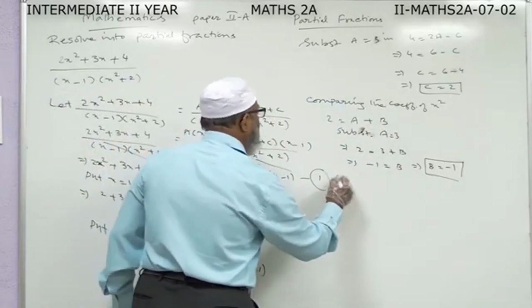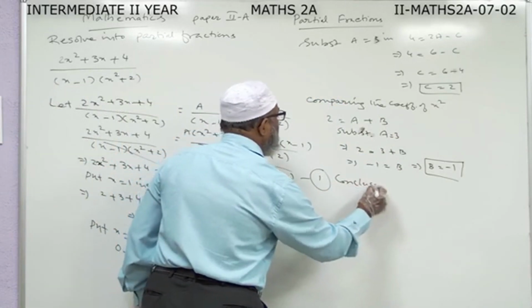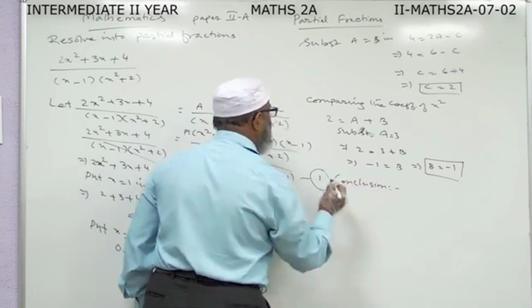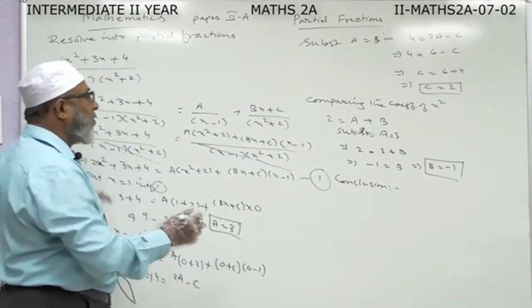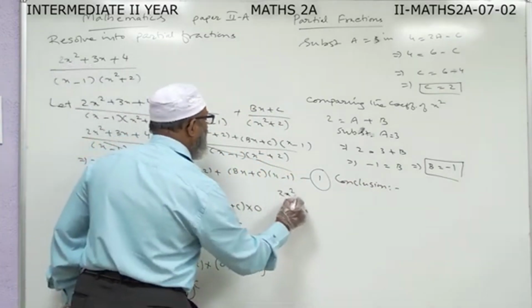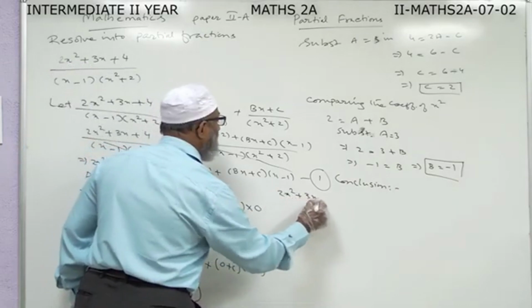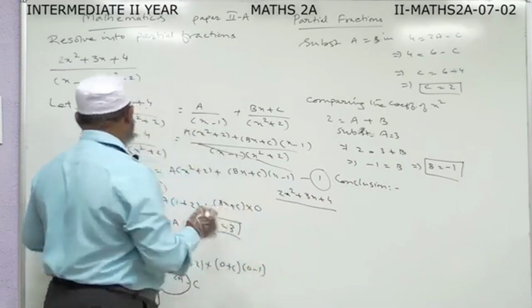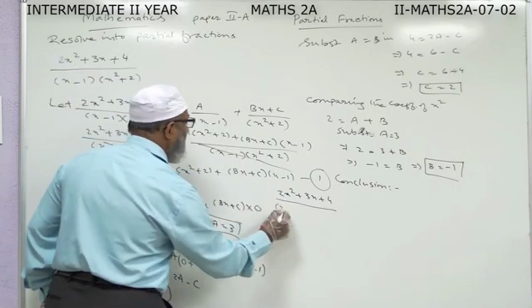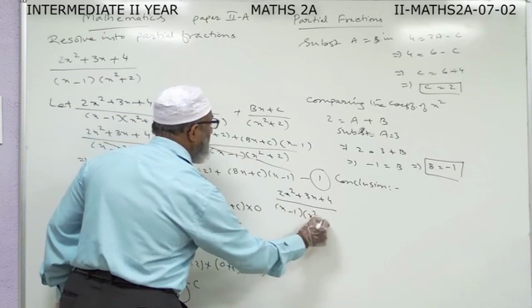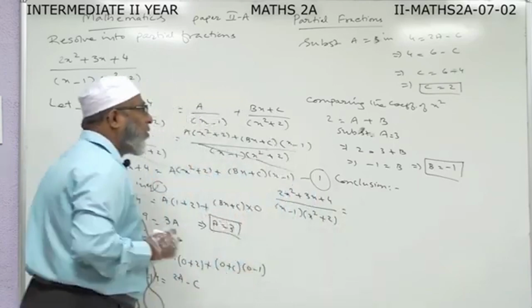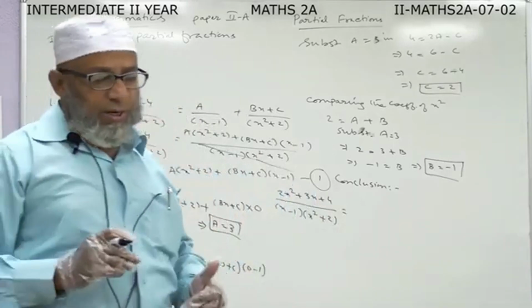In the last step, I have to write the conclusion. What is the conclusion? This is 2x square plus 3x plus 4 divided by x minus 1 into x square plus 2 is equal to. Now, what are the values of a, b and c?